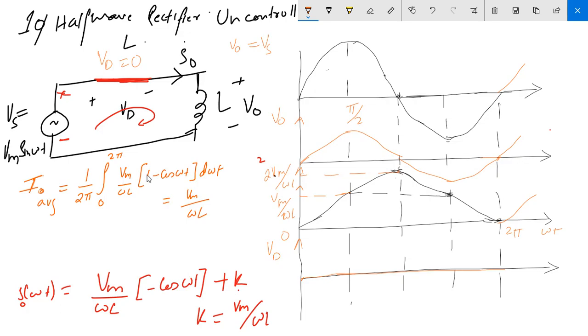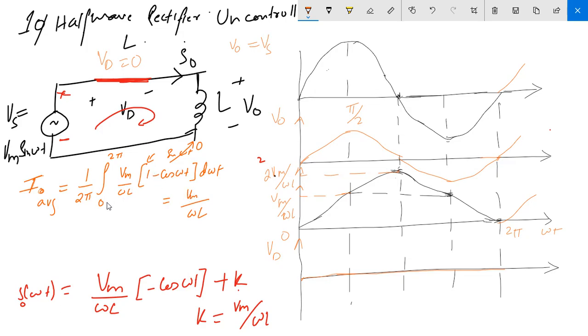Because here the integration of one will be omega t, and the integration of cos will be sine omega t. If you put sine omega t, the limit is 0 to 2 pi, and it will be completely 0. You will be left with only one term, that is Vm by omega L times 2 pi.